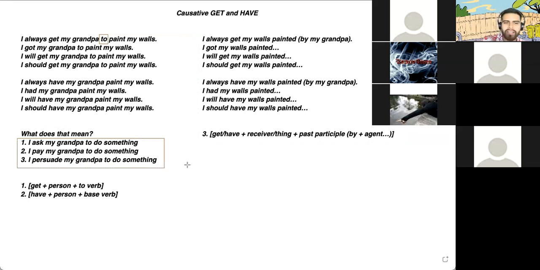But what I am trying to say is that I didn't do this. I didn't paint my walls. My walls weren't painted by me. They were painted by my grandpa. So we use the causative get and have when another person does something for us, whether it's for money or because they're nice.